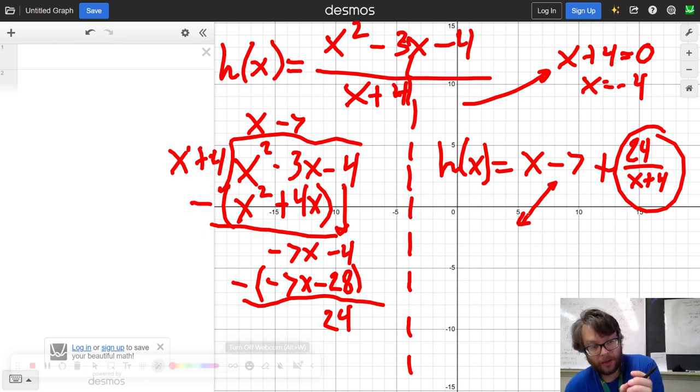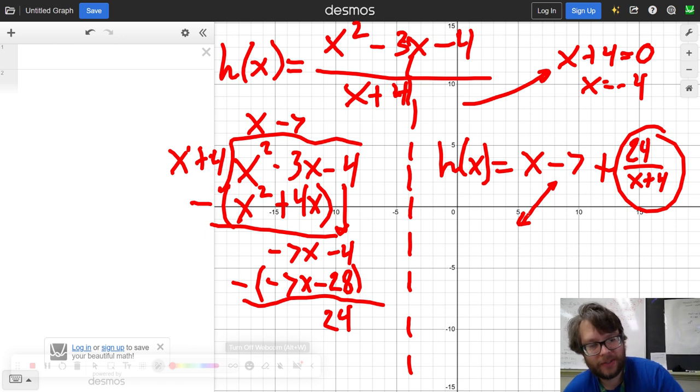When I plug in small numbers, the fraction really matters a lot. 24 divided by 3 makes a difference. But 24 divided by 1,000,000 is so small that it does not make a difference on the graph anymore. So there's a huge difference between dividing by small numbers and dividing by big numbers. When you divide by really big numbers, it just zeroes out that part of the equation.